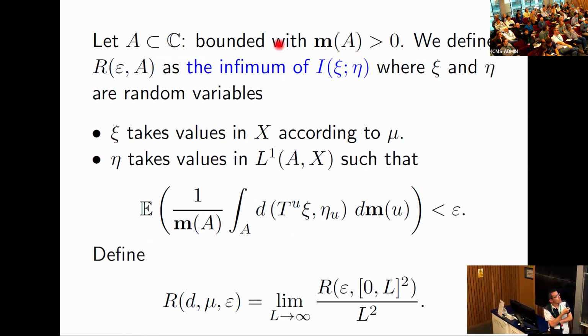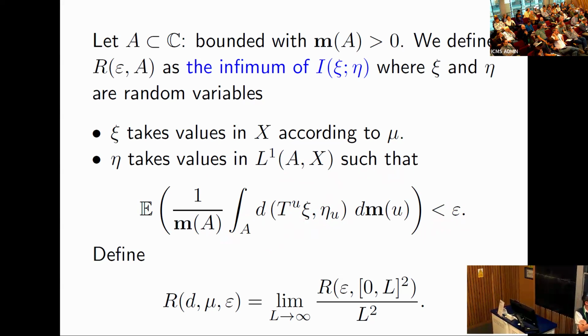The definition is somewhat very abstract. So let A be any bounded set with positive measure. First, we define this quantity R(epsilon, A) as the infimum of the mutual information, where xi and eta are two random variables defined on some common probability space such that xi takes values in X according to the distribution mu, and eta takes values in this space L1(A, X) such that the averaged distance between the orbit of xi and eta is smaller than epsilon.